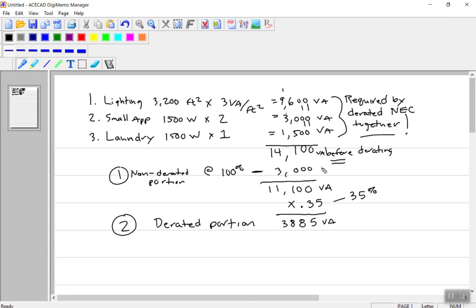So we get the 3,000 and add it to the 3,885, and that comes out to 6,885 volt amperes. Now that is just for our lights, our small appliance circuits, times 2 of them, and our laundry.